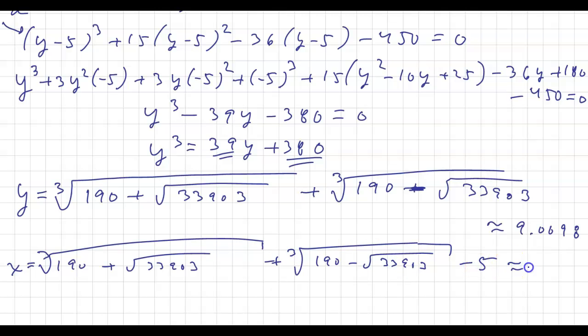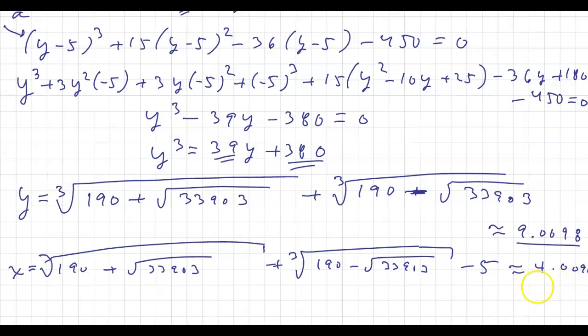And if we have a decimal approximation, it would be about 4, because it's 5 less than this 9.0098. So I'm going to write 4.0098, which is approximately 4.